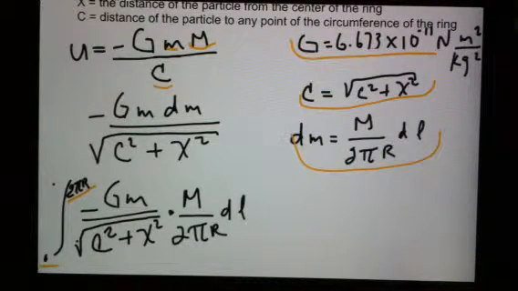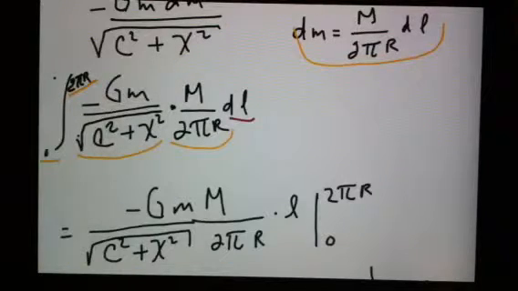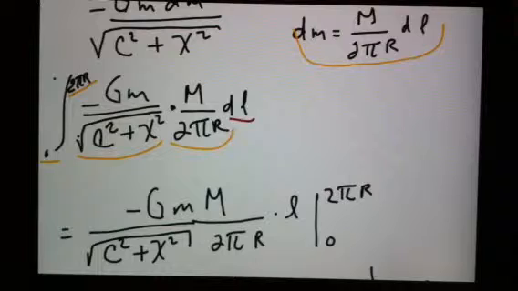Now we find that all of these values are constant except dl. After we integrate, we end up with negative G times the mass of the particle times the mass of the ring divided by C, which is the distance from the particle to the circumference of the ring, times 2 pi r times l.